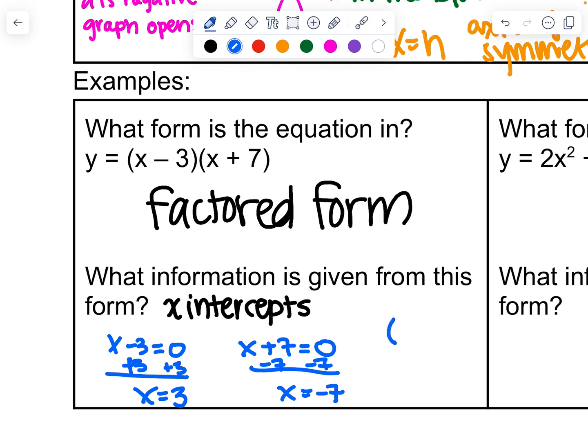And we know that our x-intercepts are going to be 3, 0, and -7, 0. We also know that this parabola is going to open up because a is equal to 1.